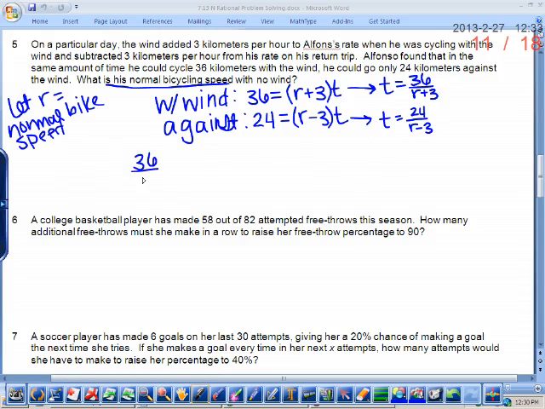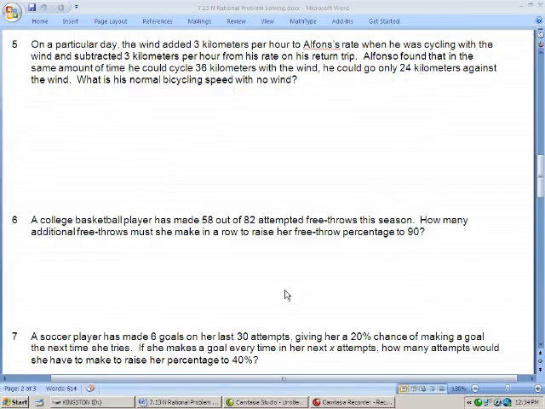So 36 over R plus 3 equals 24 over R minus 3. And I feel confident that you can all solve from there. Everyone okay on that? So that's another type of problem, the wind type stuff, or the current, things like that. Uphill, downhill, those natures.